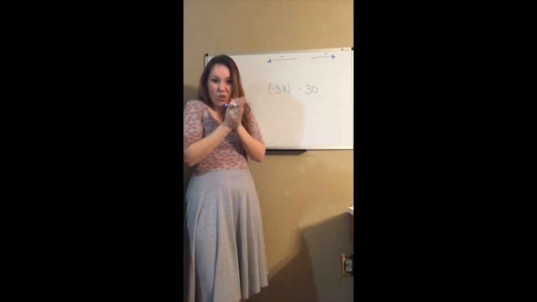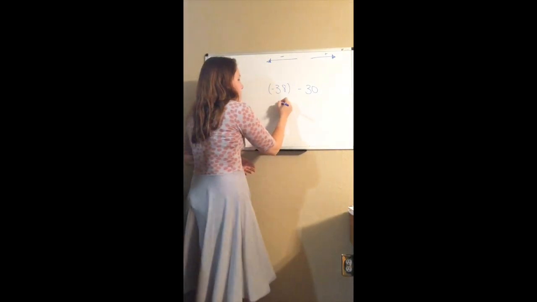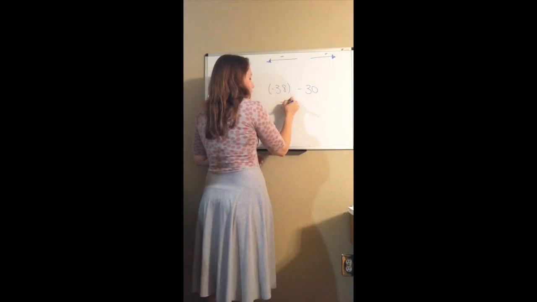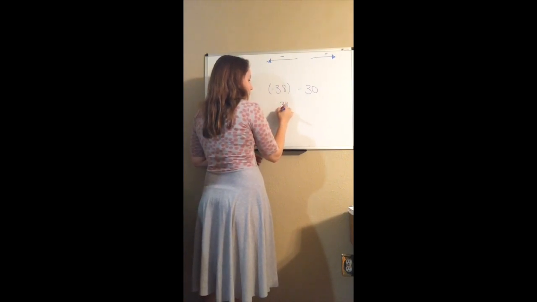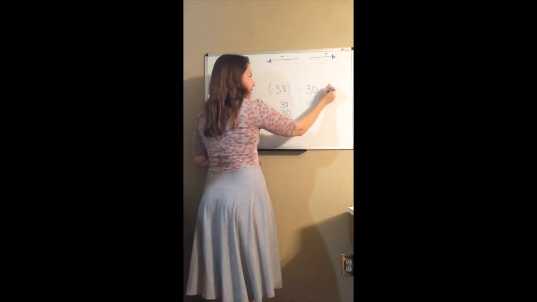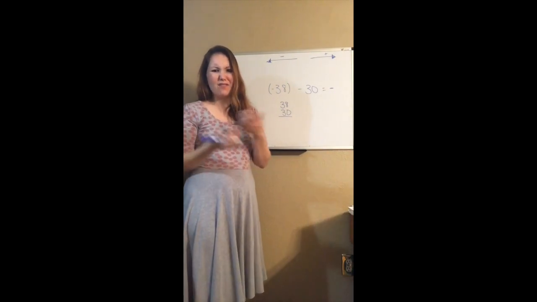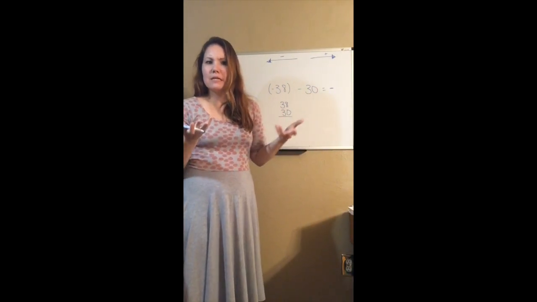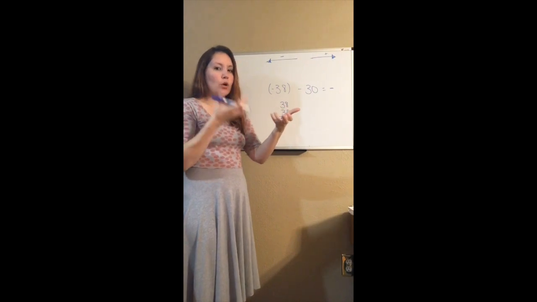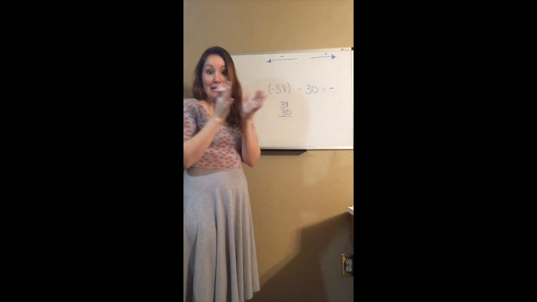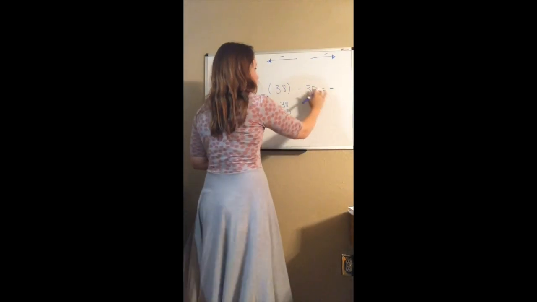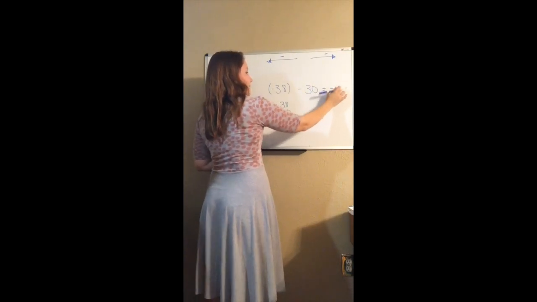We're putting them together. We're adding. Since they're both negative numbers, our answer has to be negative. We can't have positives out of two groups of negative numbers. That doesn't make sense. We're just going to have a big negative number. So I'm making sure that I note that it's going to be negative.